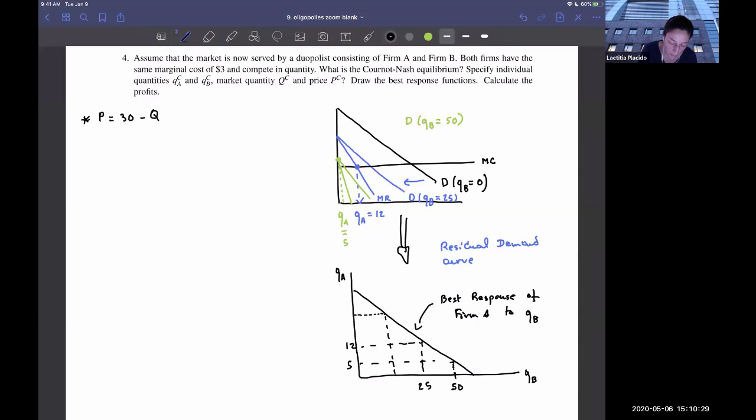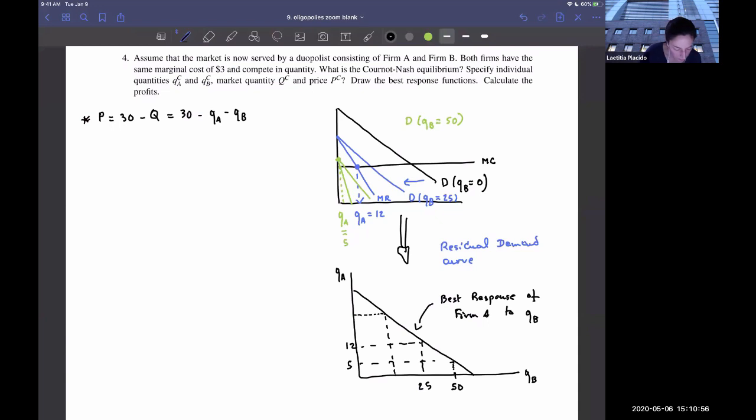Okay, you have two firms on the market. So our market demand is 30 minus QA minus QB. Okay. So the equilibrium we are looking for here is the intersection between marginal cost and marginal revenue, accounting for the fact that firm B is producing QB.